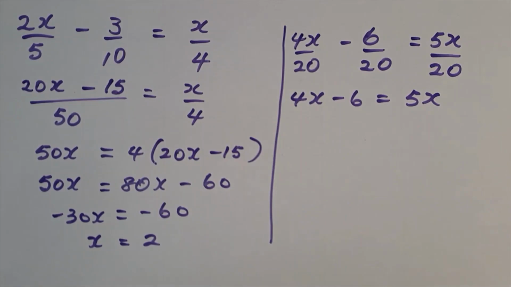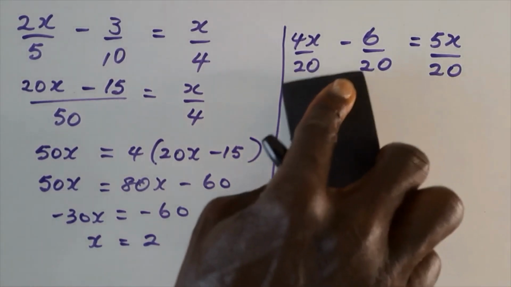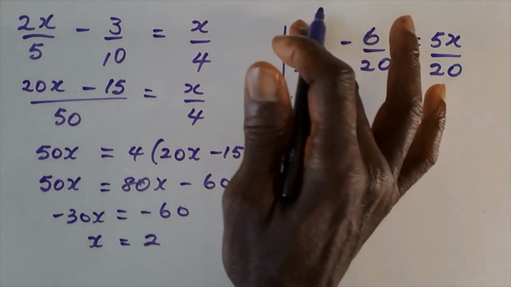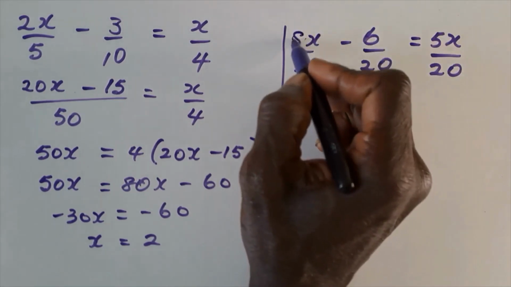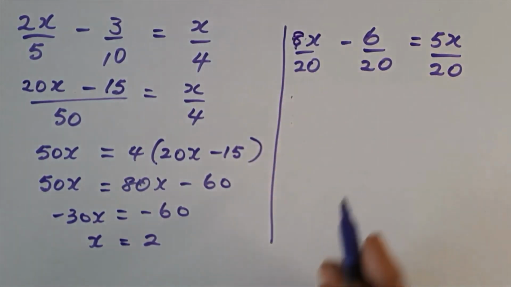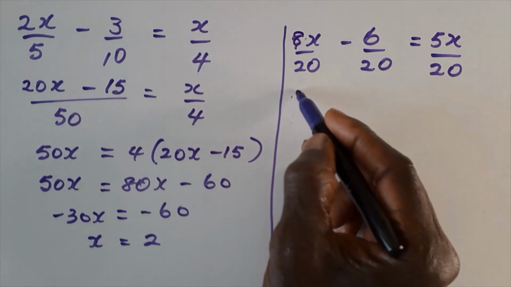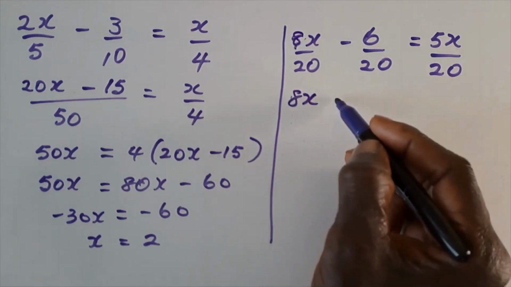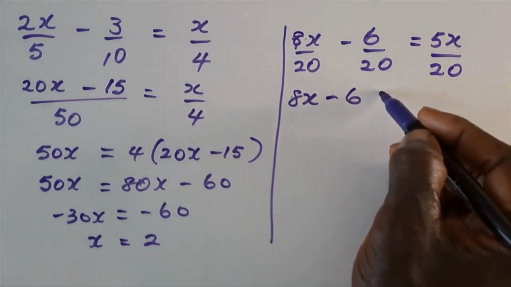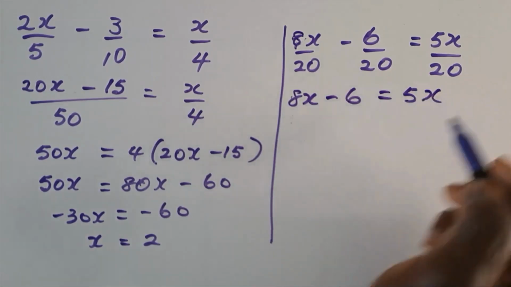Sorry, I made a mistake here. Let me just correct this. This should be 8x because we multiplied the numerator and denominator by 4. So now we have 8x minus 6 is equal to 5x.